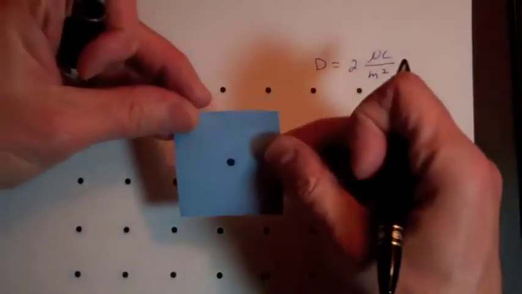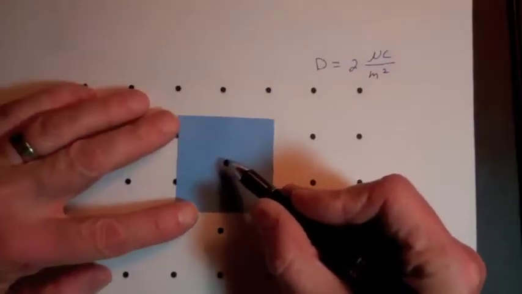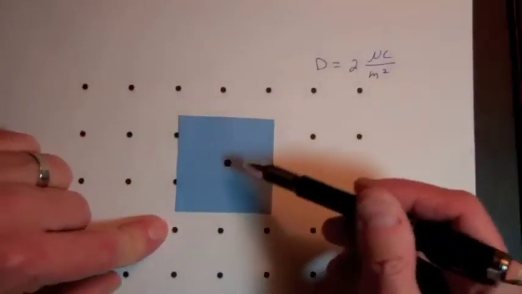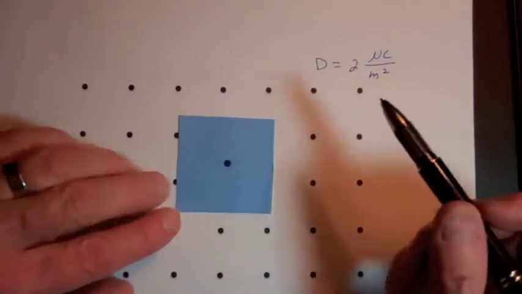Now let's assume this surface has a cross-sectional area of 1 square meter, and this dot represents the orientation of this surface, so it represents the direction of the unit normal to this surface.